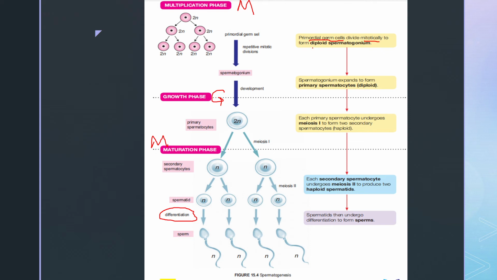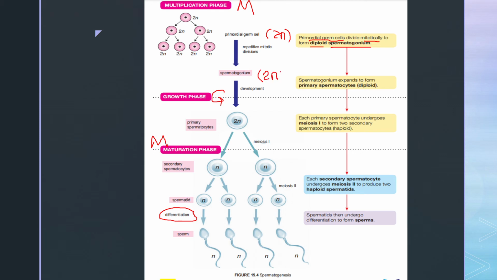That means you will end up getting diploid cells, the diploid spermatogonium. These primordial germ cells are initially diploid, 2N. After repetitive mitotic divisions, the spermatogonium that is produced is also 2N.